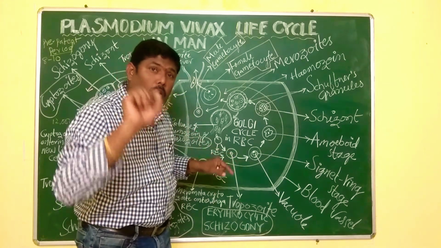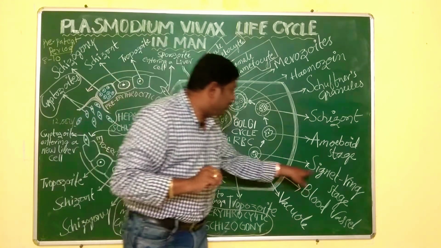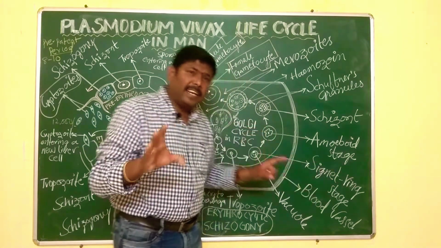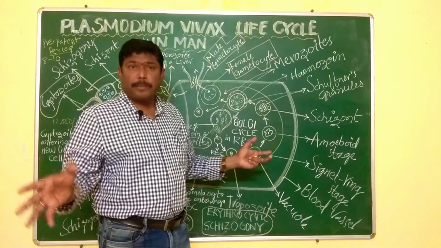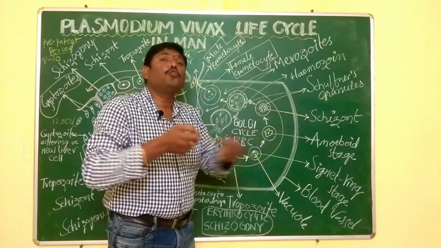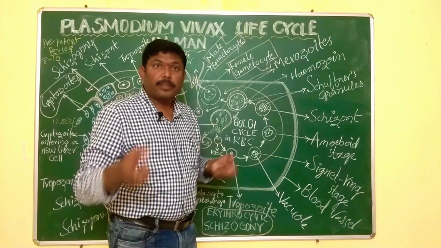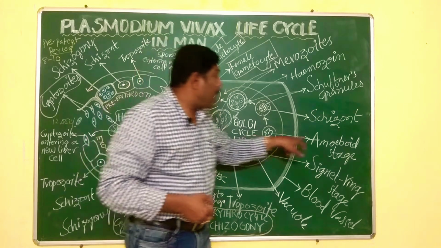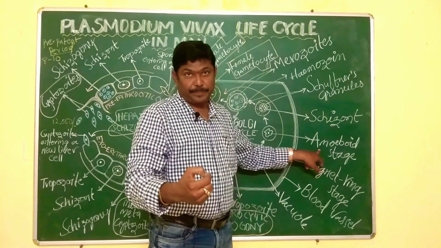That's why we call it as a signet ring stage. Suddenly, the vacuole disappears and the plasmodium assumes some pseudopodia-like structures. That's why this stage is called as amoeboid stage.